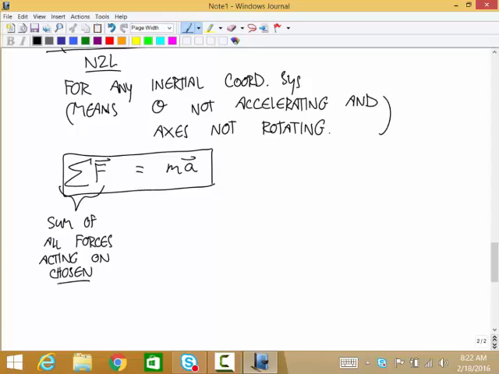And this idea of choosing a specific object to apply Newton's second law to is really important. M is the mass of the chosen object. And A is the acceleration vector of the chosen object.